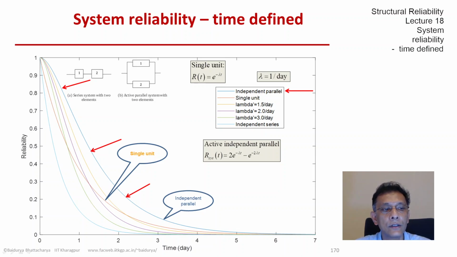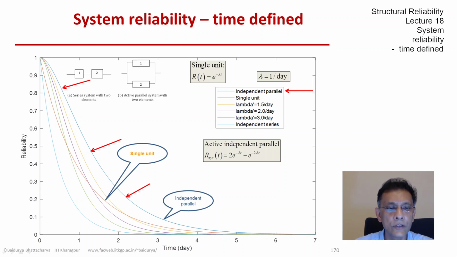That is the top blue line, and clearly the presence of the second element in parallel makes the system much more reliable, as is clear from the difference of the blue line from the orange line.